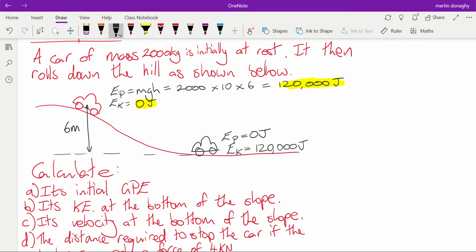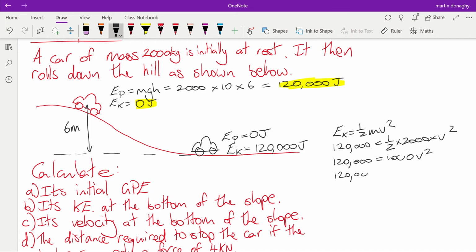It then asks what is the velocity at the bottom of the slope. We can now use our kinetic energy equation to work that out. So just do 120,000 is equal to a half times 2,000 times v squared. So 120,000 equals 1,000 v squared.